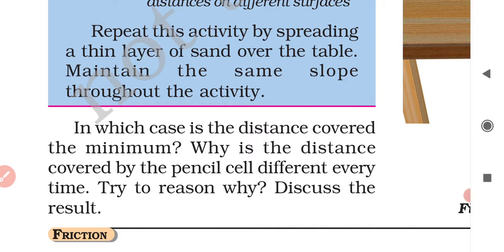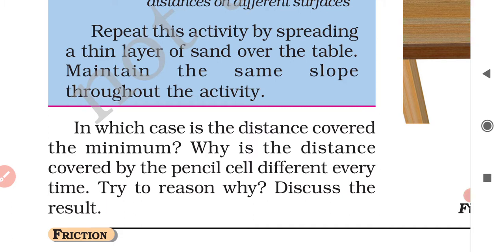But on the other hand, when we placed cloth, it made the surface of the table a little rough. So in that case the friction increases a little bit, right? So in that time the distance covered by the pencil cell was less.